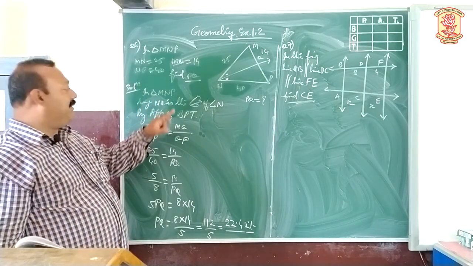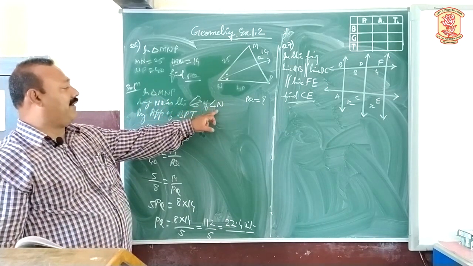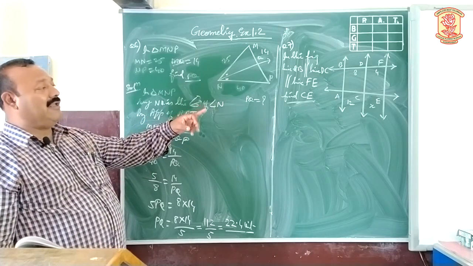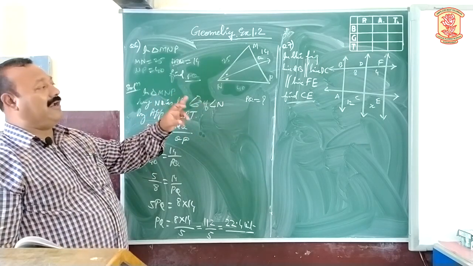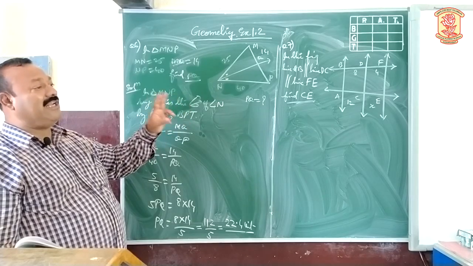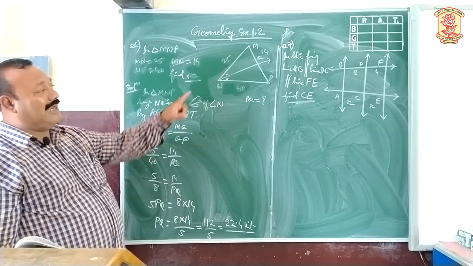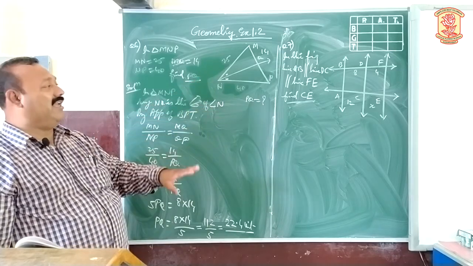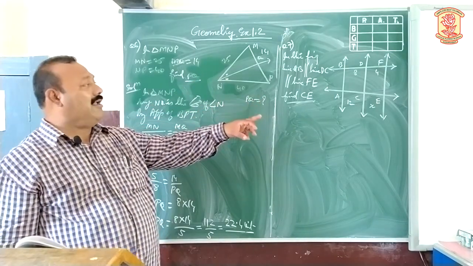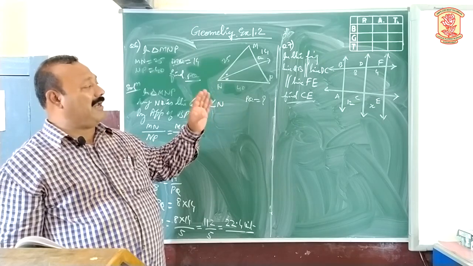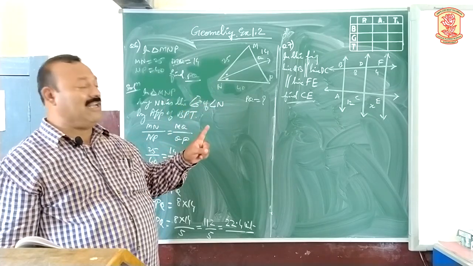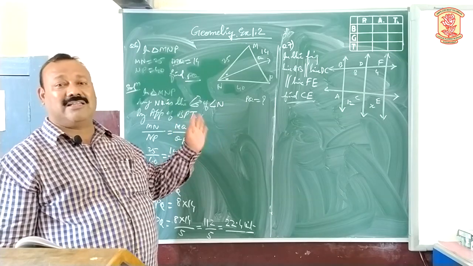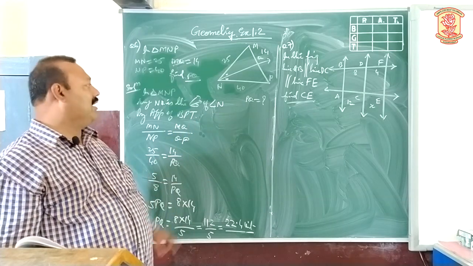In triangle MNP, NQ is the angle bisector of angle N. Directly apply the application of BPT. This is nothing but the intercept made by two transversals on three parallel lines. Line AB is parallel to line DC, also parallel to line FE. When three parallel lines are given and the intercepts are made by one transversal, it also makes equal and proportional intercepts on the other transversal.